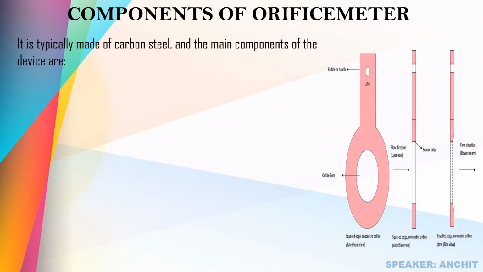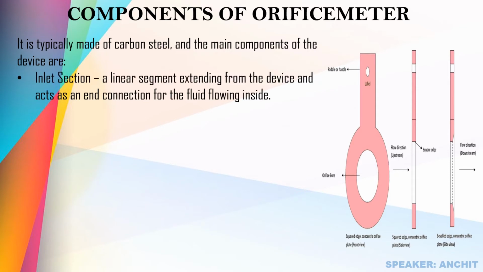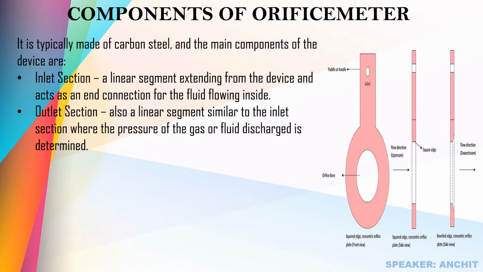It is typically made of carbon steel, and the main components of the device are: first, inlet section, a linear segment extending from the device and acting as an end connection for the fluid flowing inside. Second, outlet section, also a linear segment similar to the inlet section where the pressure of the gas or fluid discharge is determined.